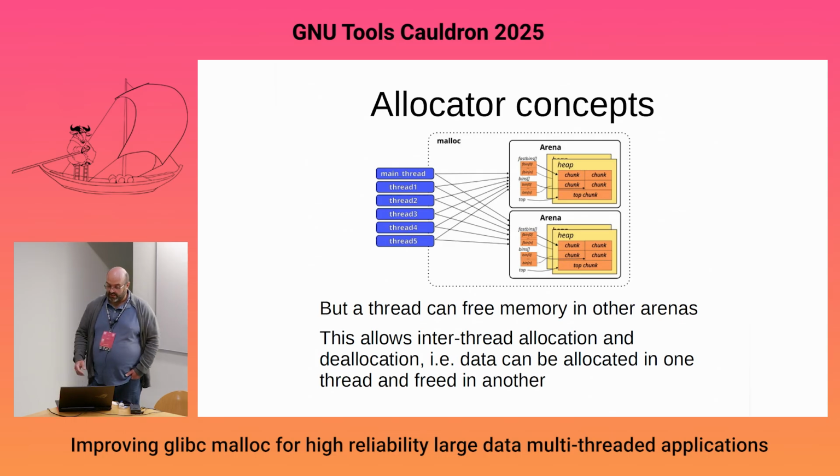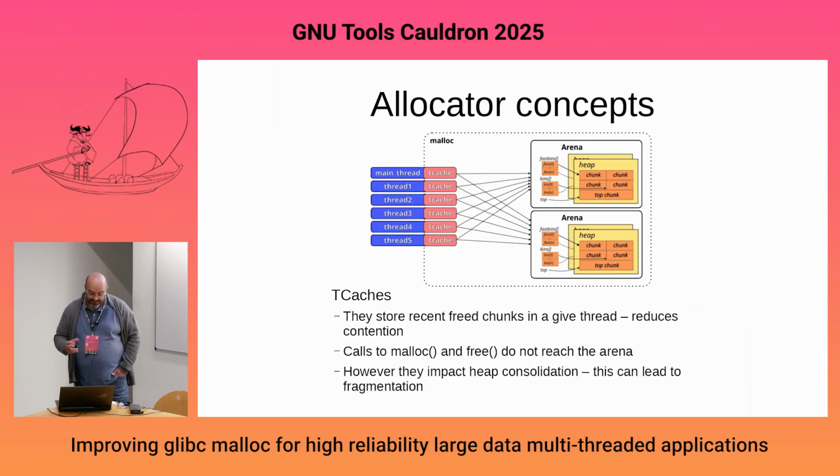Some other allocators actually have a different strategy than the arenas to deal with the contention, the parallelism or multi-threading. And in these slides, I have another step. In order to reduce this contention, there's the notion of the T-cache. The T-caches basically function like memory caches, which keep closer to the thread the chunks that they have themselves deallocated or freed, right?